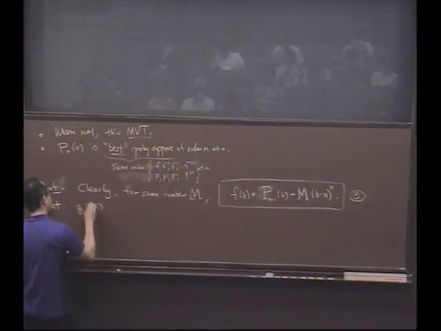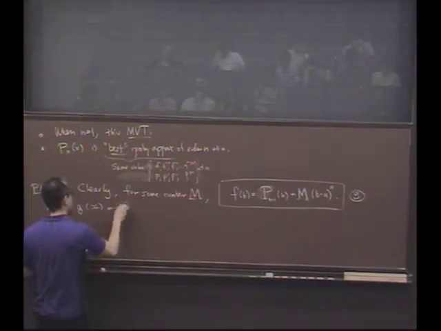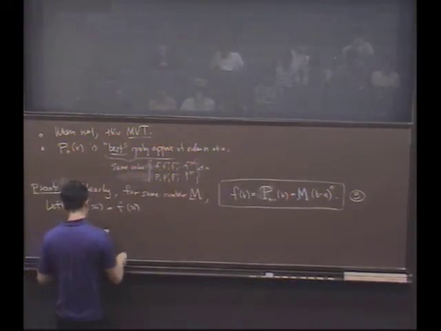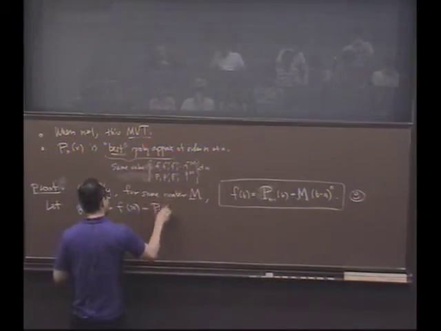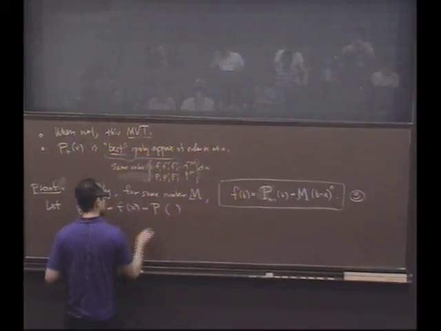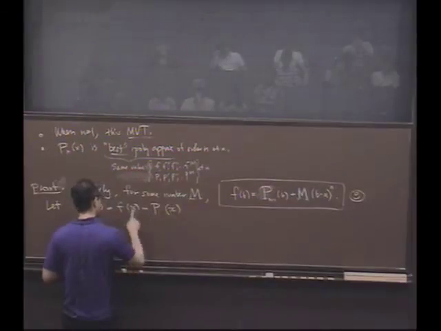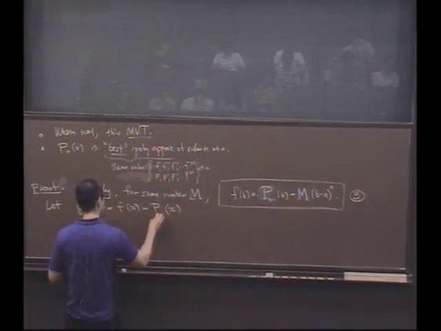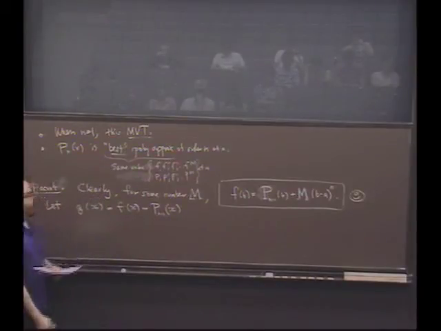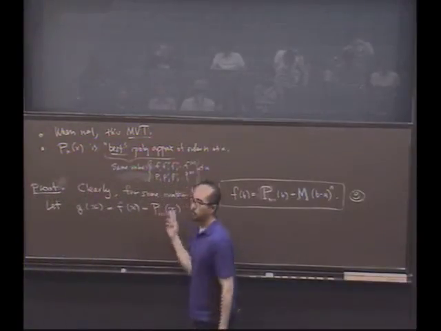I'm going to define a function g of x, which will be f at x, so that's the original function I'm interested in, minus the polynomial at x. Hopefully these are quite close, yes? This polynomial is the thing I'm comparing it to. Yeah? Okay. I hope this is small.